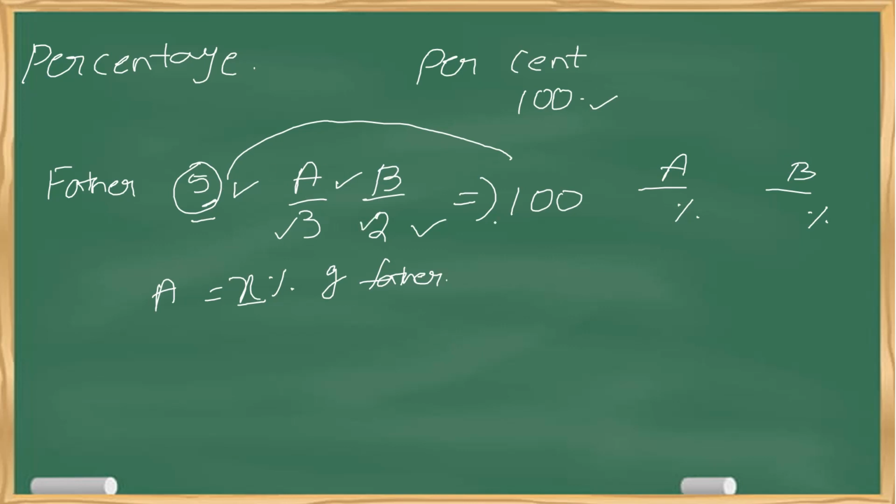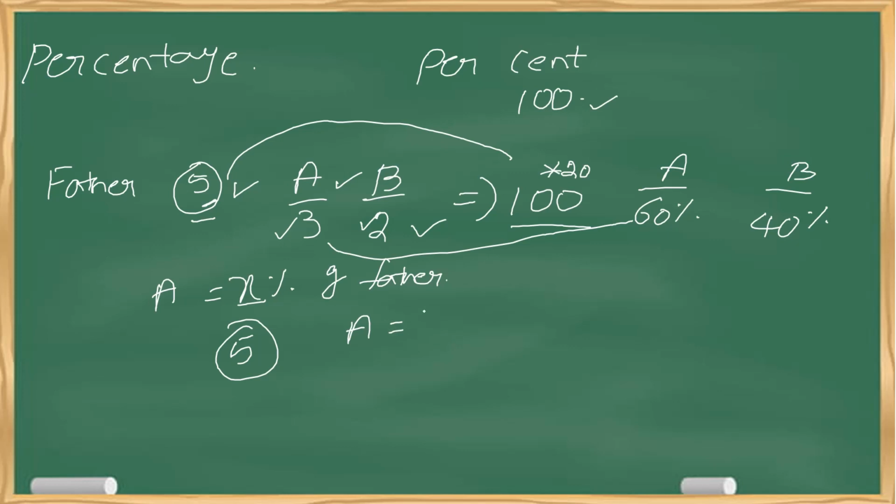Now similarly, the 5 has become 100, that is into 20. So you need to multiply this into 20, that is 60, and this is 40. Understand the point here? Whenever the father gets 5 chocolates, A gets 60 percentage of it and B gets 40 percentage of it.